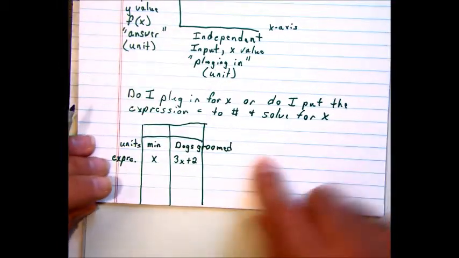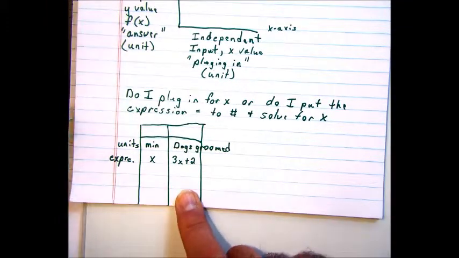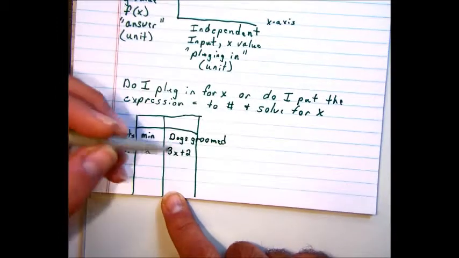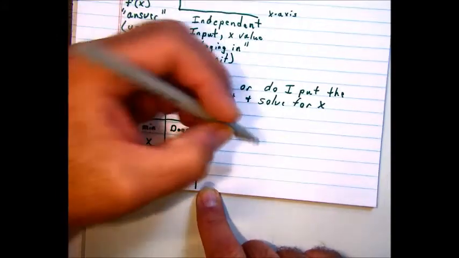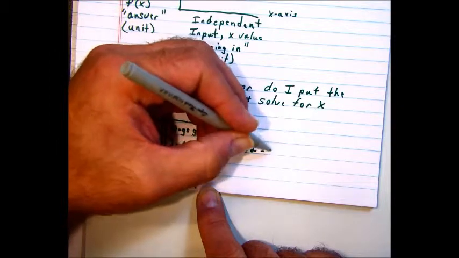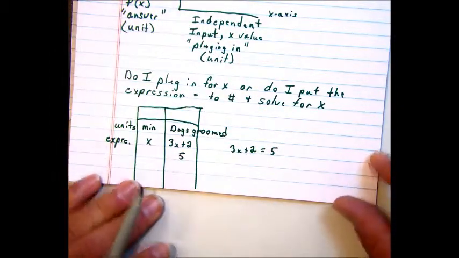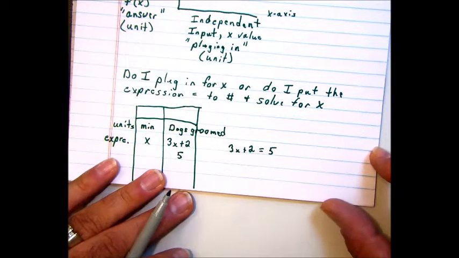Okay, so that means if we had 5 dogs groomed, we would put a 5 here, and the problem would be 3x plus 2 equals 5. And we would figure out how many minutes it took to have 5 dogs groomed.